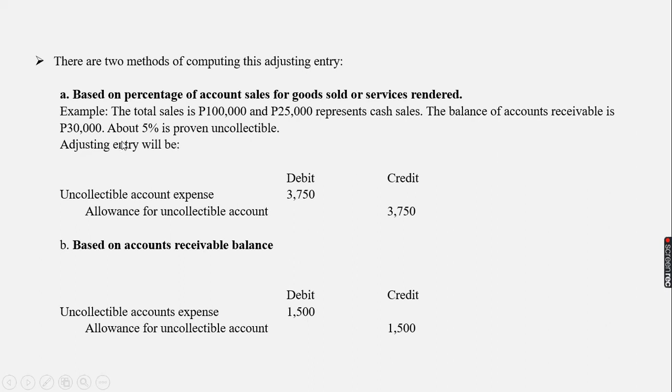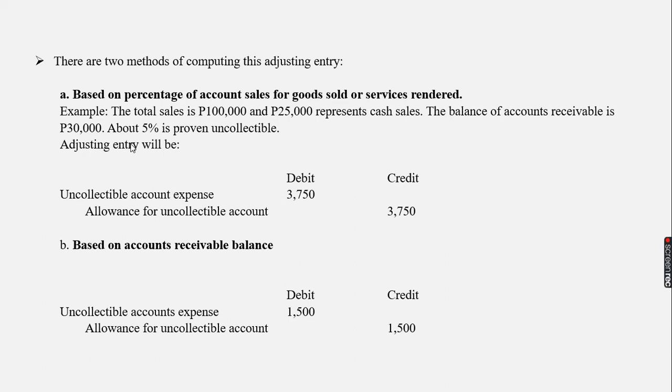So, tingnan natin yung 5%. Yung sales mo kasi is yung total sales mo 100,000, tama?